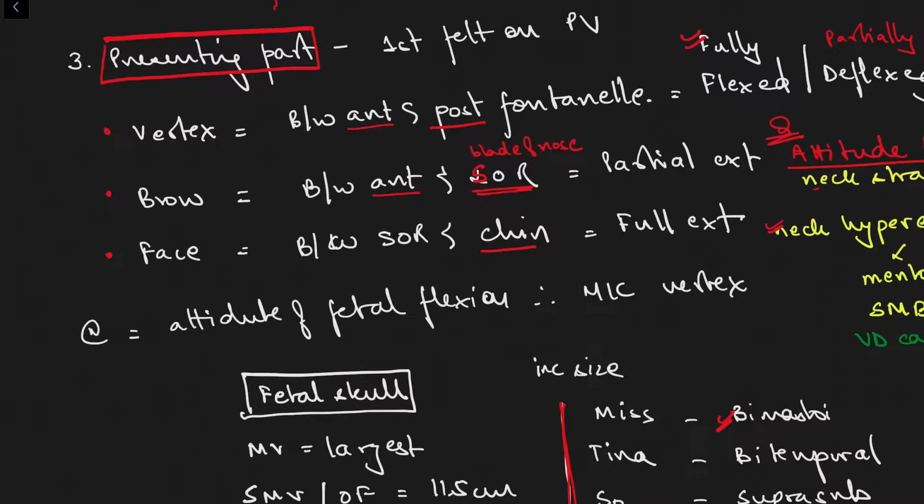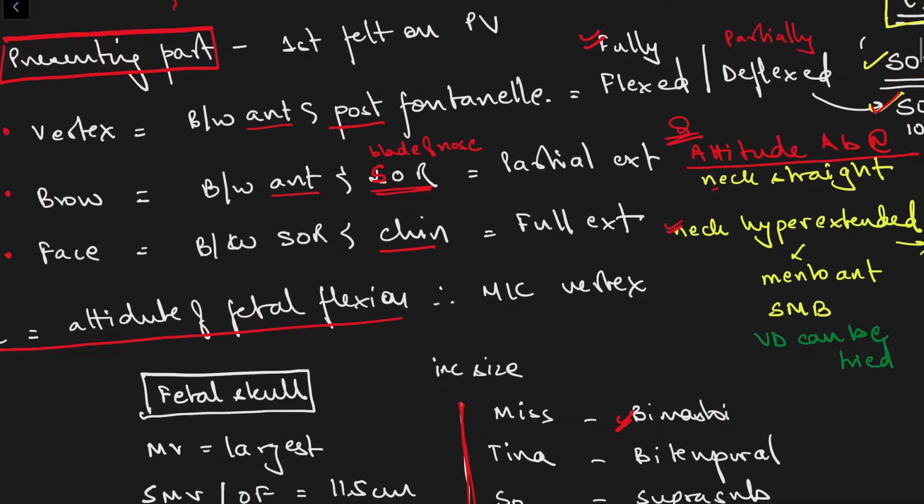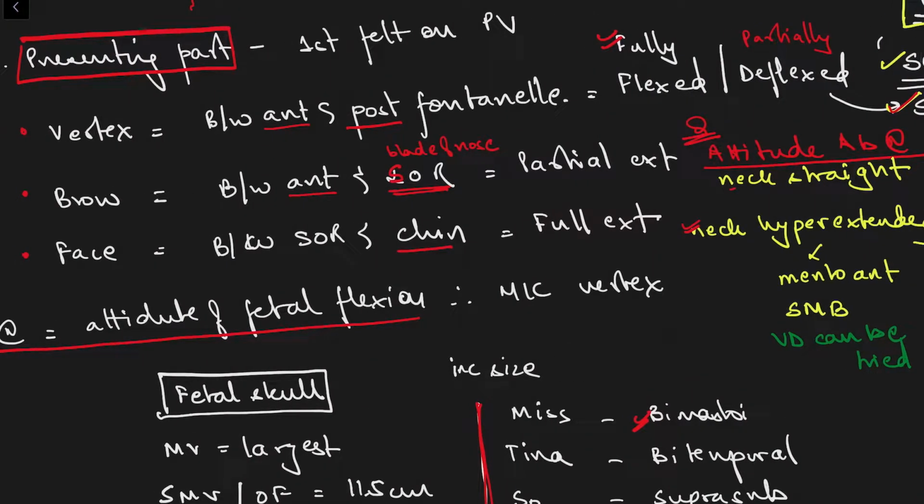Right. So, normally the attitude of the fetus is flexed, right? If the head is fully flexed or partially flexed, which we call deflexed, then the presenting part would be vertex. While if the head is in partial extension, how will we say that it is in partial extension? We look at the neck, and the neck is straight here, right?